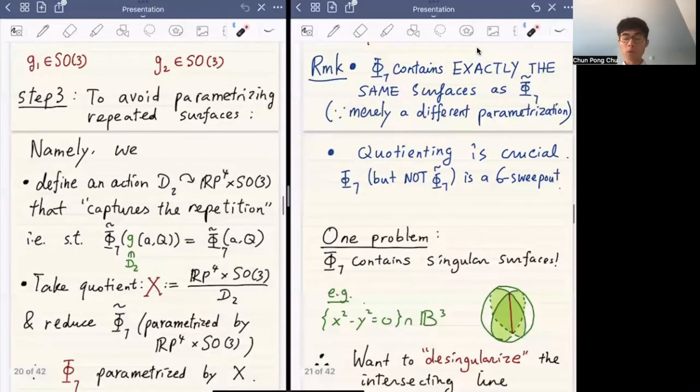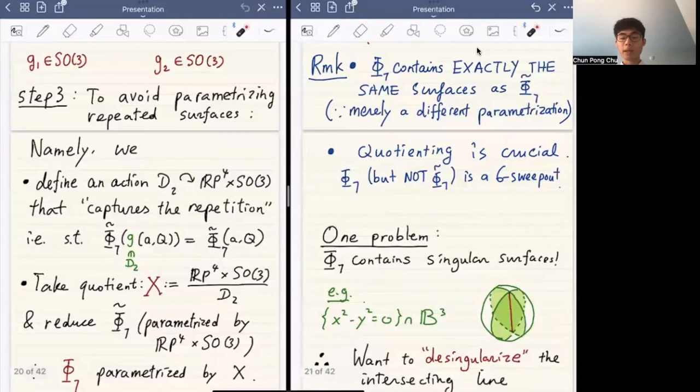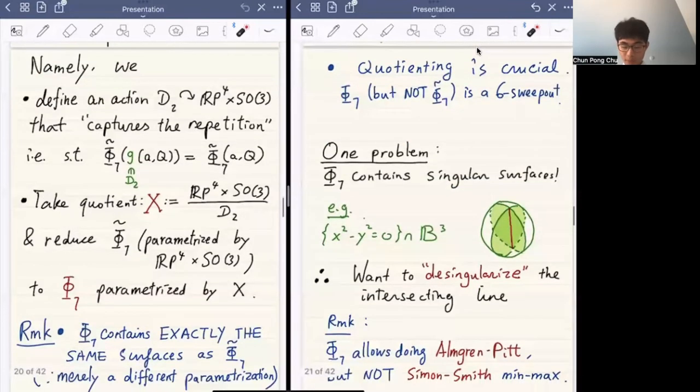And the quotient is actually crucial for us to obtain a six sweep out. But still, we have one problem. This phi 7 contains singular surfaces because, as we recall, we allow the scaling factor to be 0. So if we scale the saddle surface by 0, it's like doing a blow down.